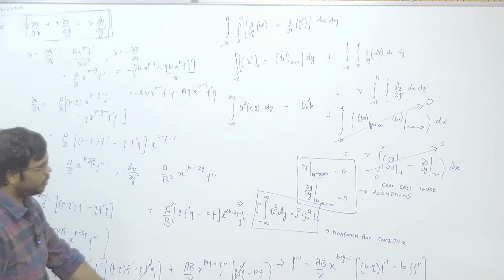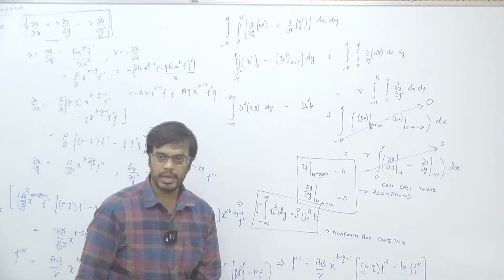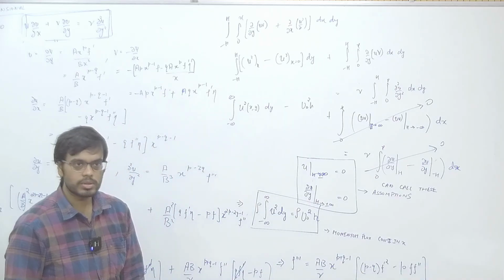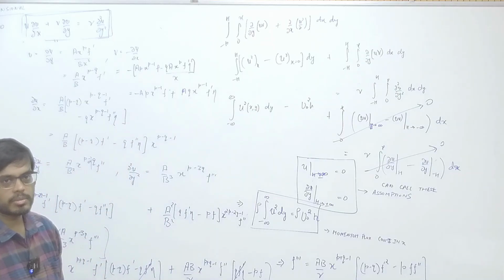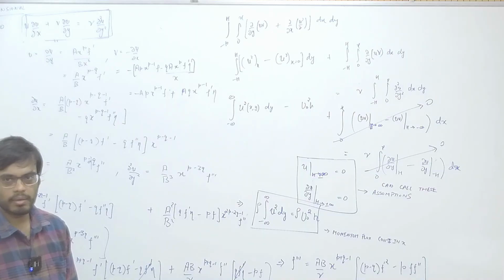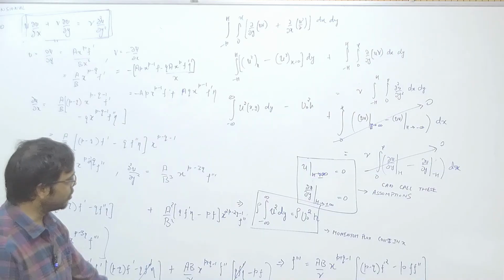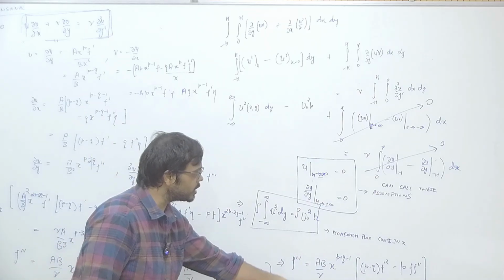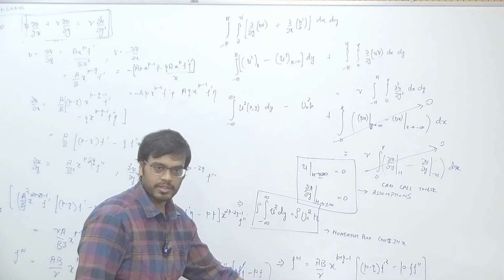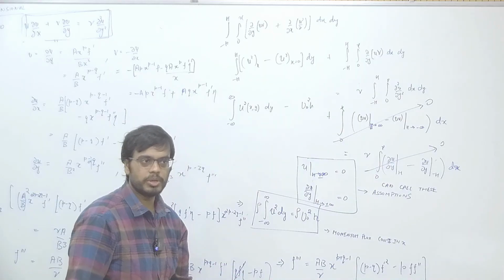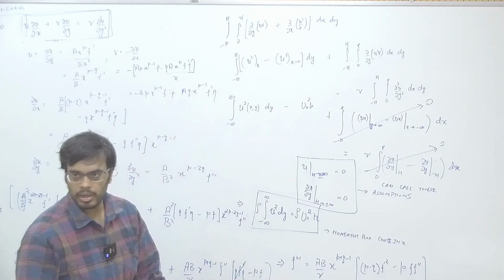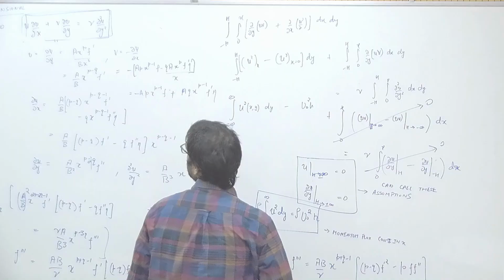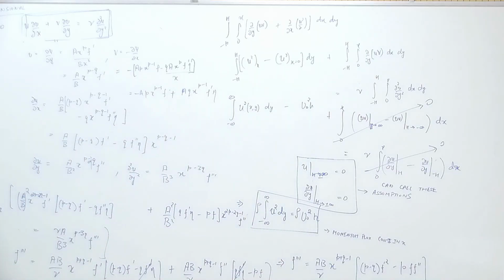So for our similarity guess to be valid, what is the condition that we use? For there to be a similarity solution, this should be an ODE in eta. So this should not be a function of x separately, everything should be a function of x and y through eta. So p plus q should be 1.